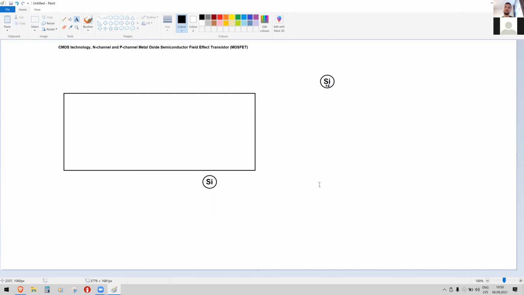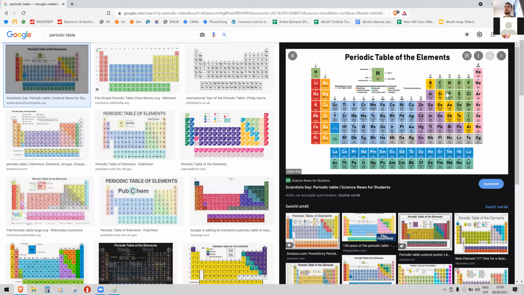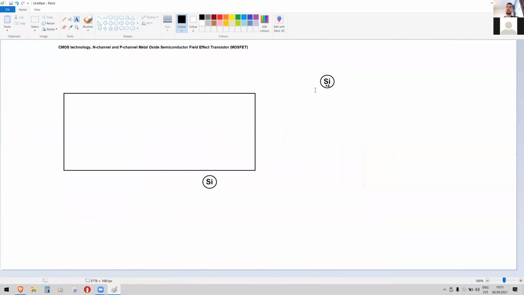Since its number in the periodic table is 14, it means that silicon has 14 electrons and 14 protons inside the core, and electrons just wandering around.